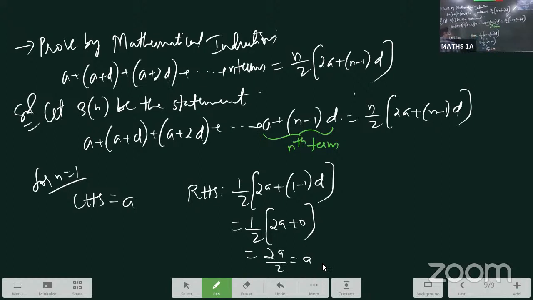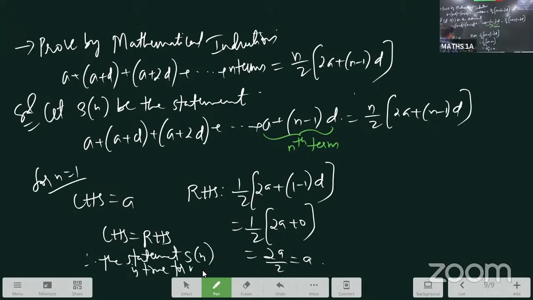See, I got LHS equal to RHS. Therefore, the statement S of n is true for n equal to 1.